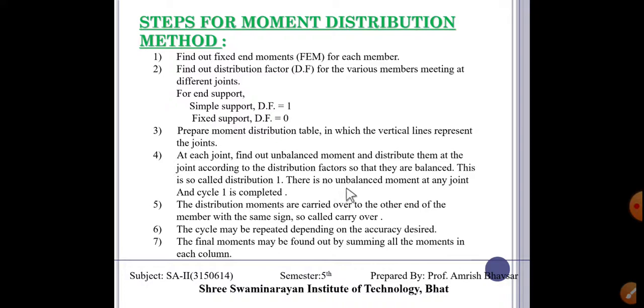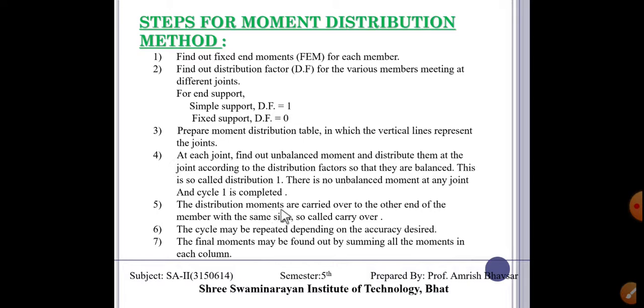There is no unbalancing moment at any joint in any cycle. Once the first cycle is completed, we have to generate or rotate our cycles for the carryover distribution. Whenever the value at a particular point is nearby 0, then we will stop this cycle.